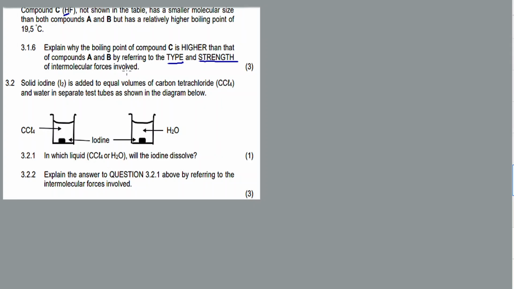So this hydrogen fluoride has a very high boiling point, so we think of hydrogen bonds.